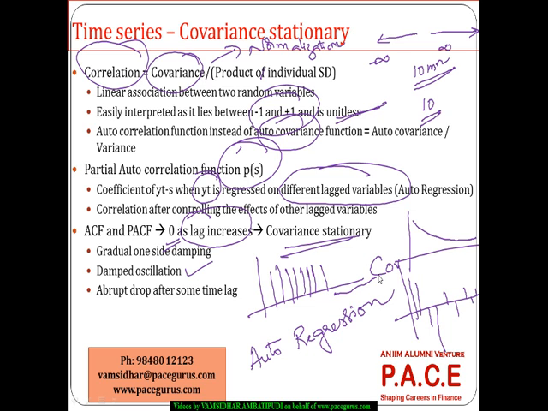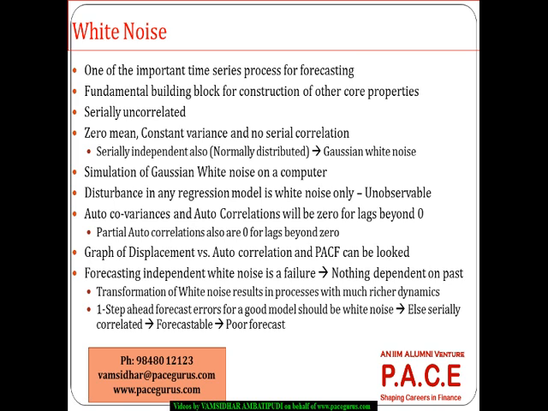Right? Next, let's look at one of the important forms of a covariance stationary series, which is the white noise. It's one of the important time series processes for forecasting, because, as we'll understand slightly later, it becomes a major building block to construct the other core properties of the time series.